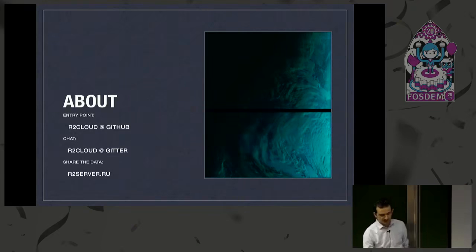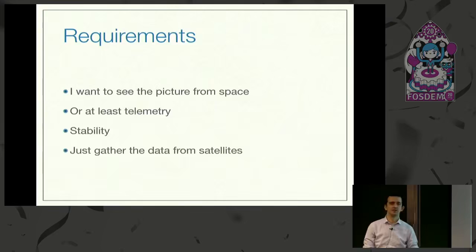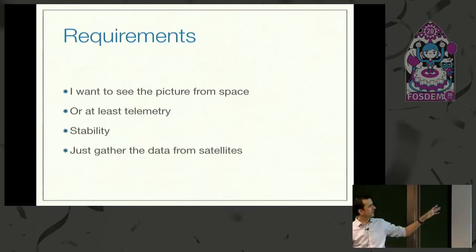And my base station should do all these things. I should see some pictures from space, right? This is super cool. It's visible. I would like to see any telemetry, the solar panels, voltage, everything should be stable.